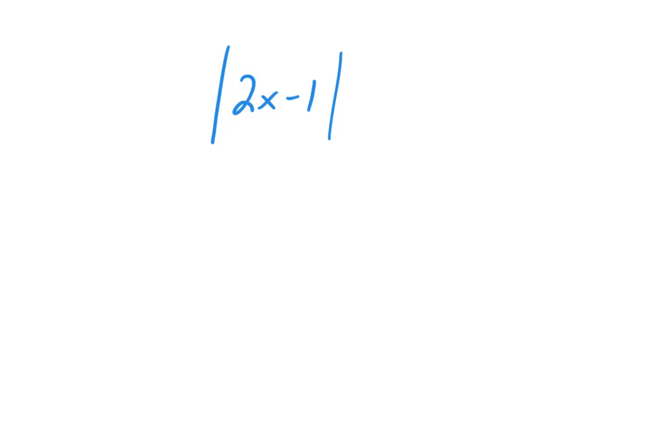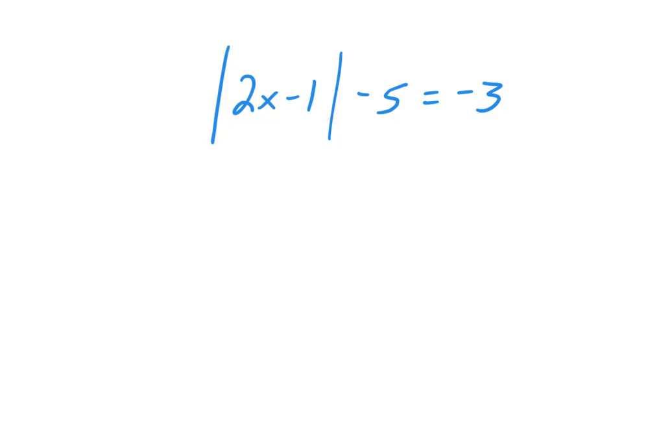Okay, absolute value of 2x minus 1, minus 5 equals -3. Now, this one, I kind of throw you a little bit of a curveball here, because a lot of times people will see the negative over here and they'll be like, oh, that's no solution, right? That's only if we have absolute value all by itself equal to a negative. We still have this -5 right here. And so if I have something on the outside of the absolute value, I need to get rid of that or move it.